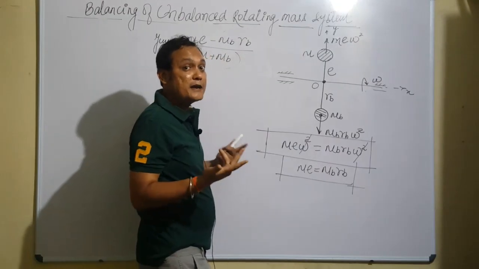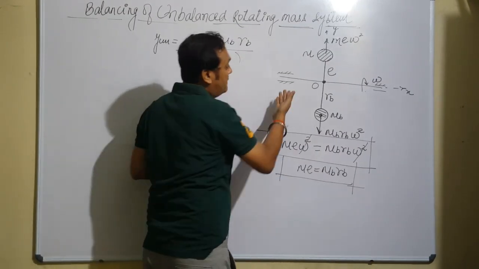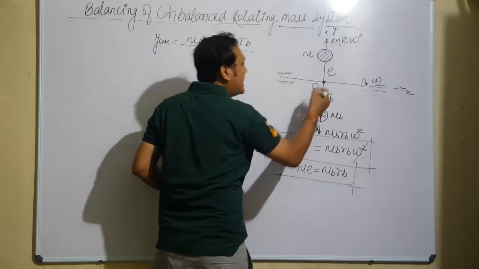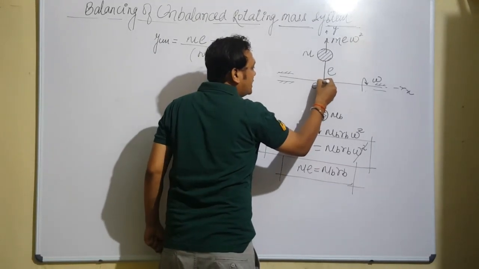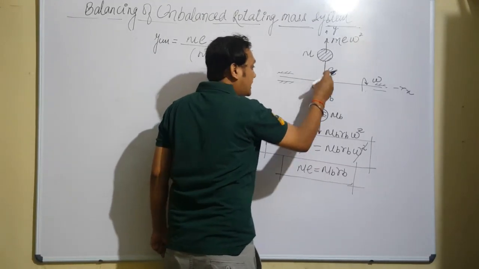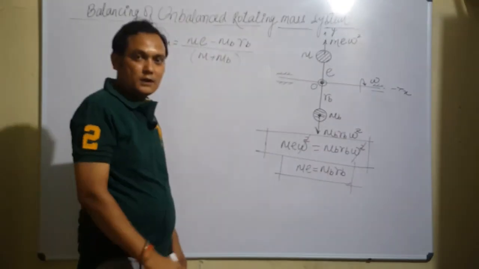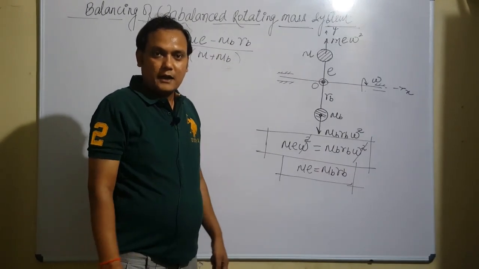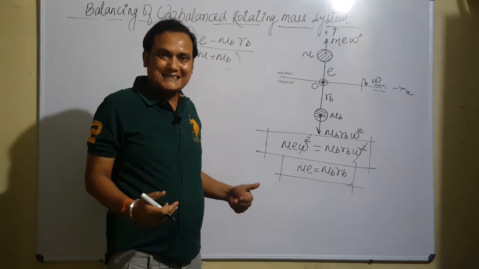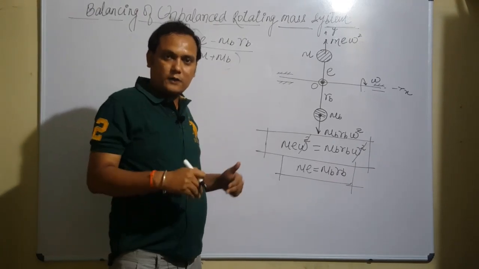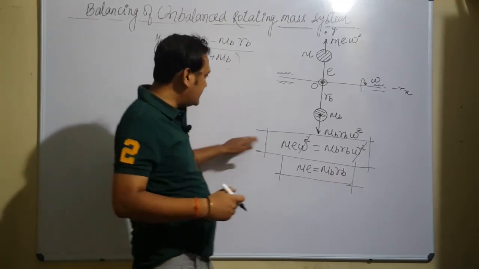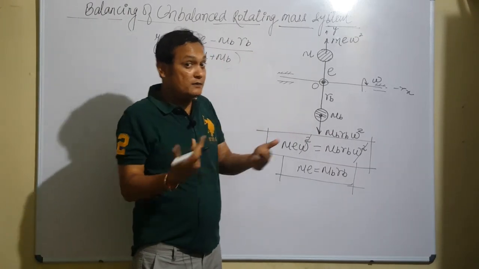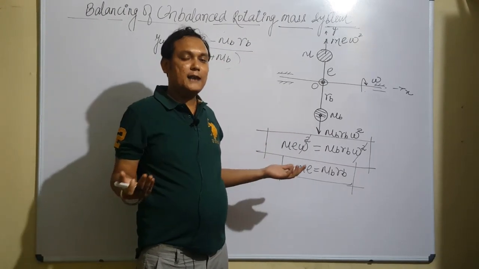Where I want my y coordinate for balancing of the system, I want my center of mass should lie on the axis of rotation itself. If my center of mass of the system lies on the axis of rotation of the system after attaching the balancing mass, that means my system is balanced.